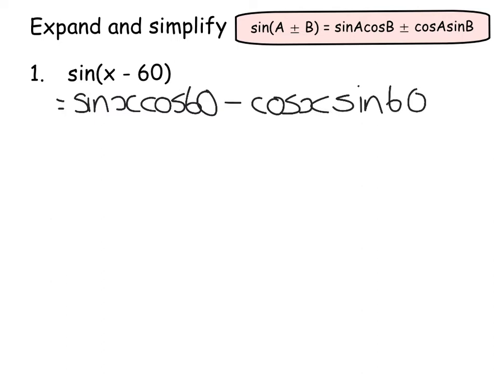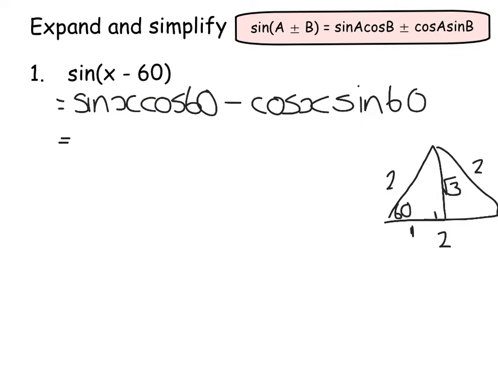From there, we can't do anything with the sine x, but we do know what cos 60 is using our exact values. If you can't remember your exact values off by heart, remember your 60 comes from an equilateral triangle with all sides of 2. But when you split it up, the base is 1 and this is root 3. So this angle here is 60.